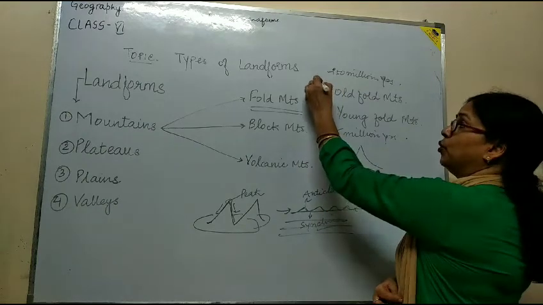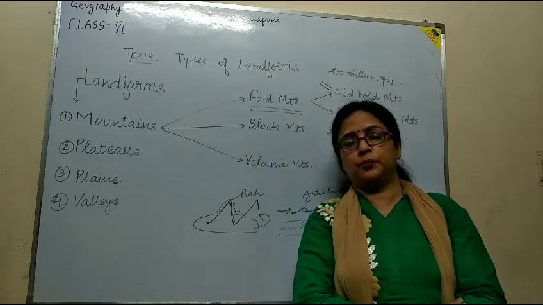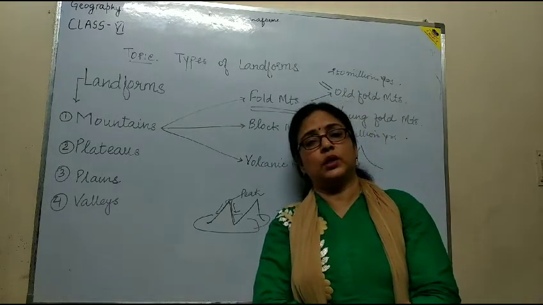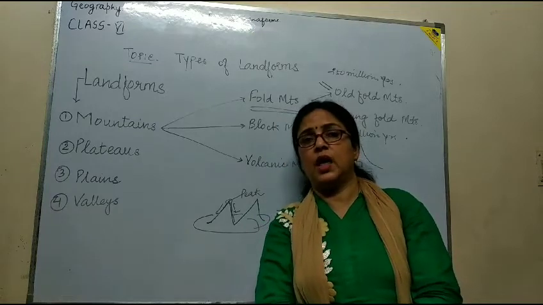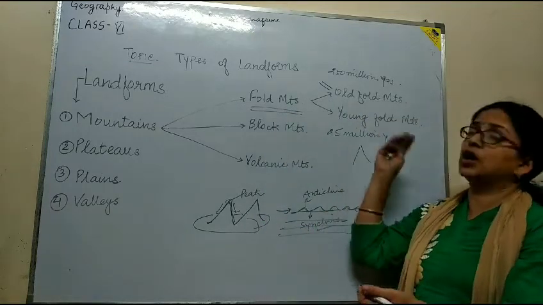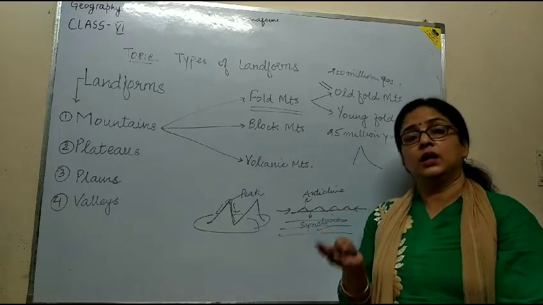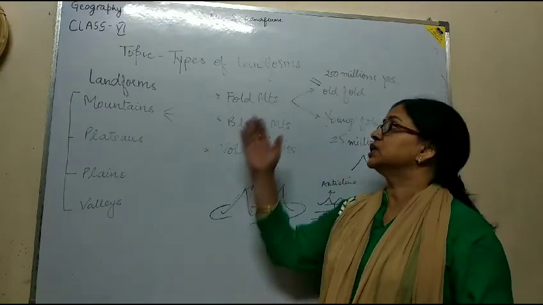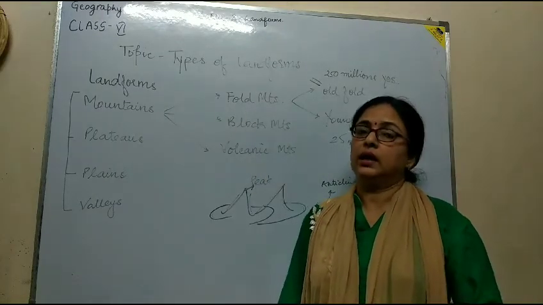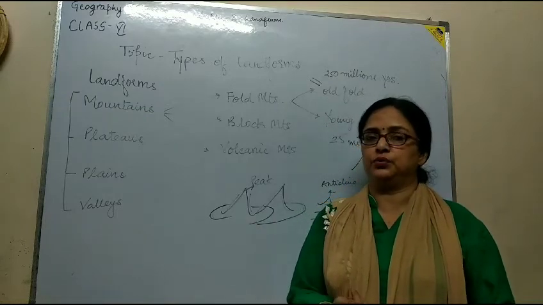The examples of old fold mountains are the Urals in Russia, the Appalachians in North America, and the Aravallis in India. The examples of young fold mountains are the Rockies in North America and the Himalayas in Asia. Now, the characteristics of fold mountains are that they are characterized by ruggedness of relief.